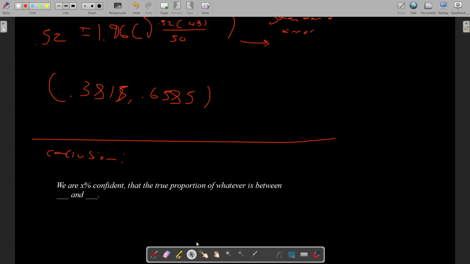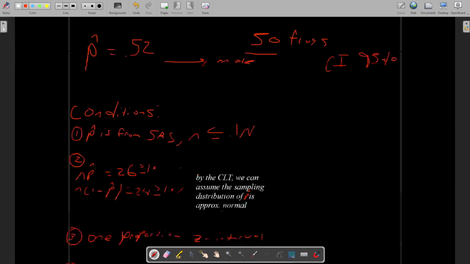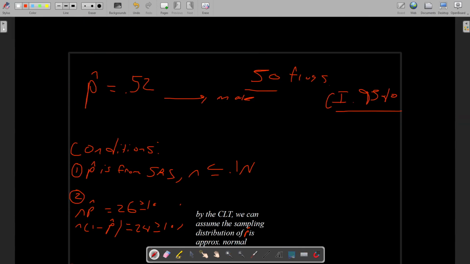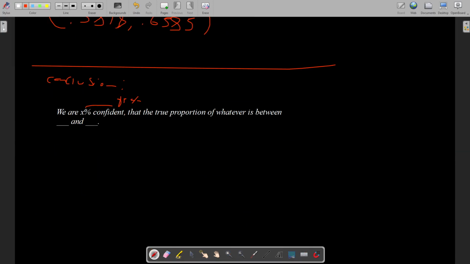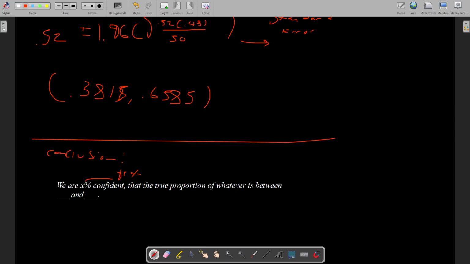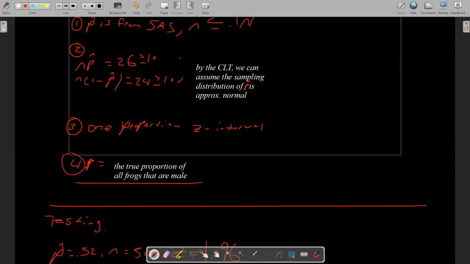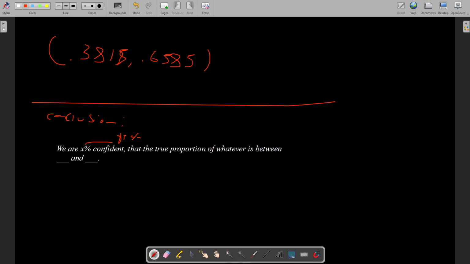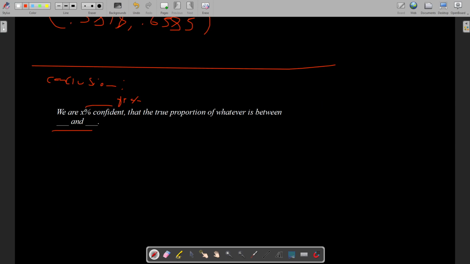Our X% here is 95%, and that depends on what width the interval is. If the problem says calculate a 98% confidence interval, then this would be 98%. And the true proportion of whatever is just what we define here. So for us, that would be the true proportion of all frogs that are male. And then it's between the lower bound and the upper bound of our confidence interval.